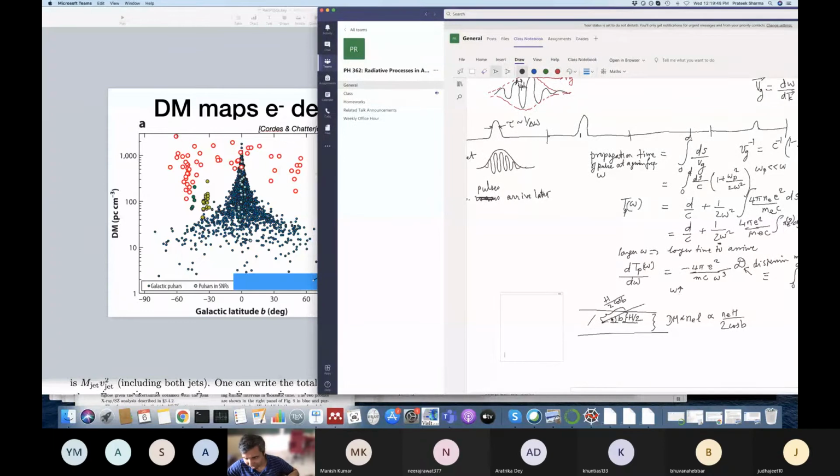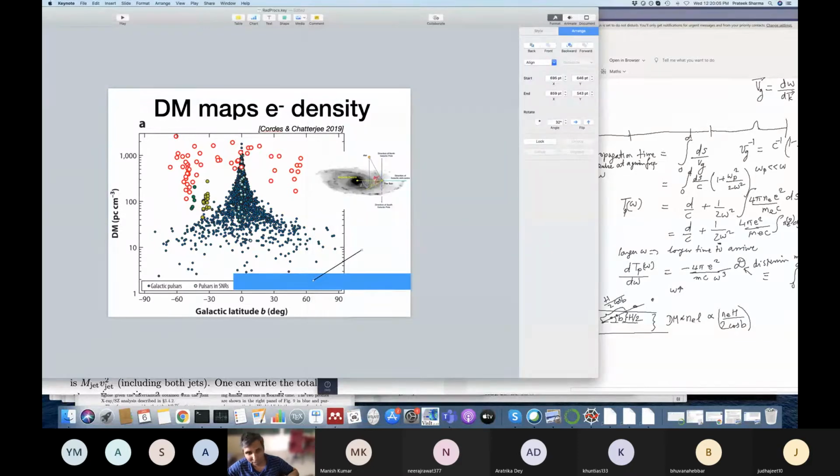Some pulsars can be here, inside the envelope, but the ones on the edge or outside, however far you put them, will only have this much DM. So it forms an upper envelope. This is nothing but 1 by cos b. The y-axis is log here, so you cannot see it nicely.